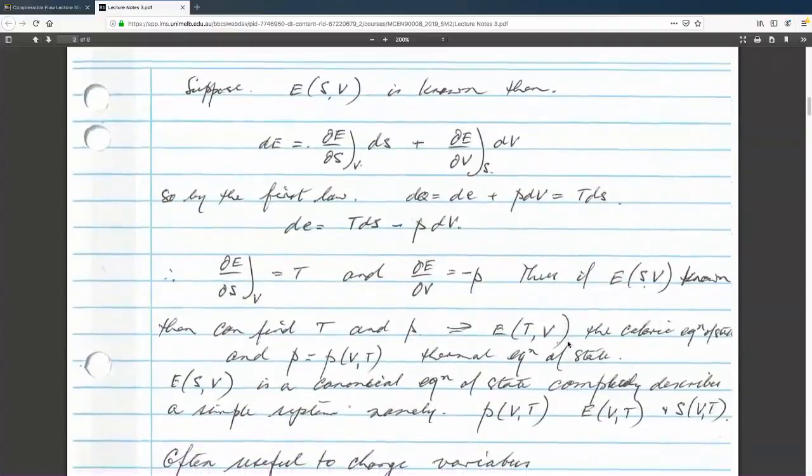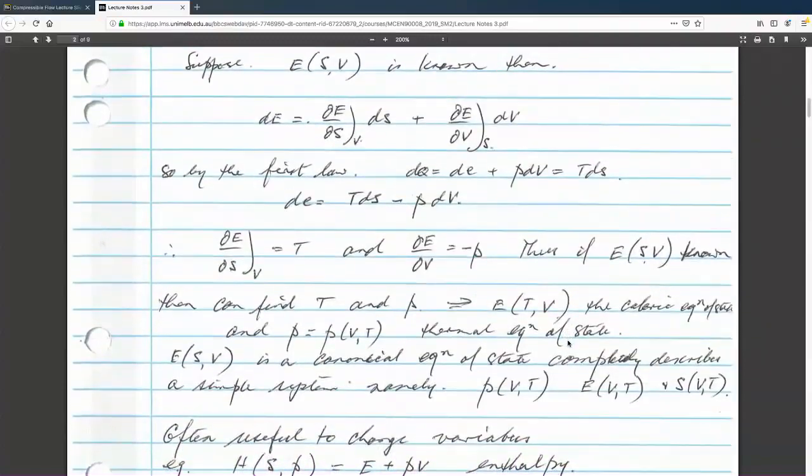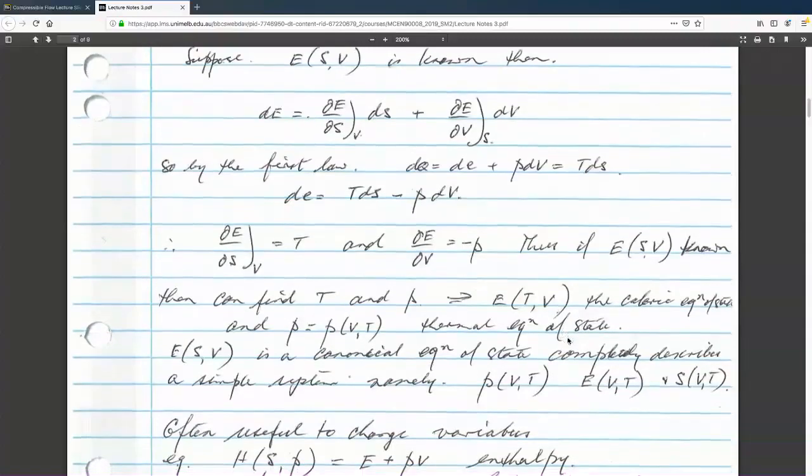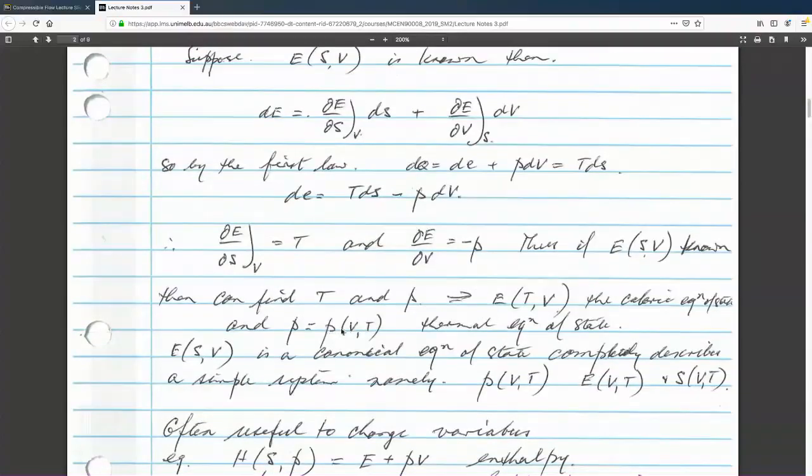And that equation specifically, E of T and V, is called the caloric equation of state. And I could also create from that P as a function of V and T, which is called the thermal equation of state.